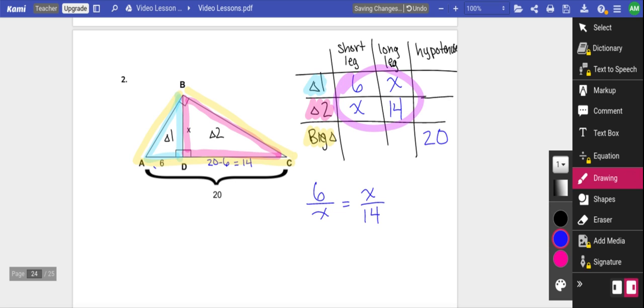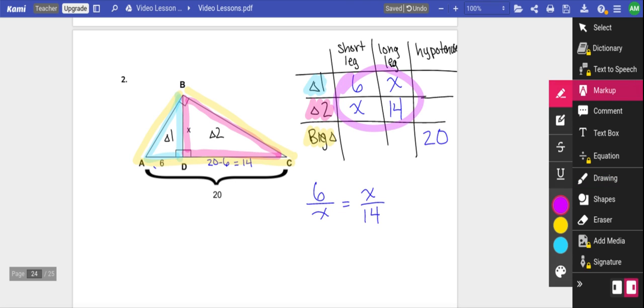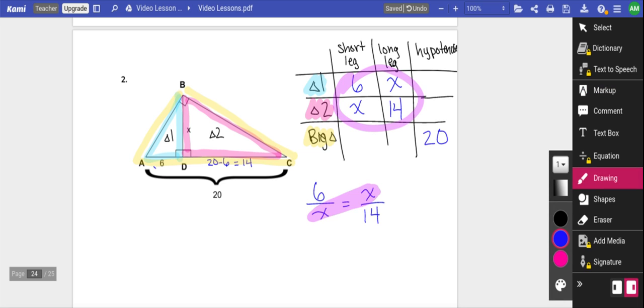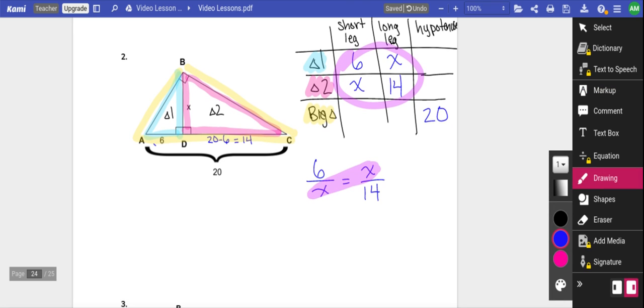And again, you know you're right because these x's are across from each other, the same number. In this case, it's just x. So x times x is x squared. 14 times 6 is 84.